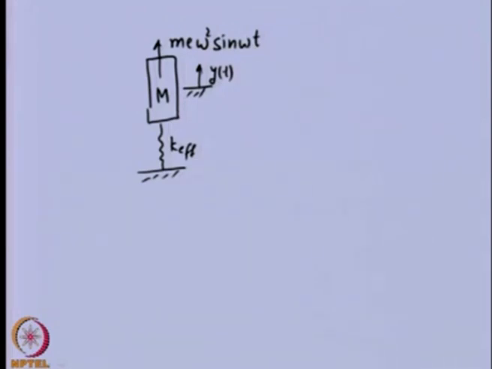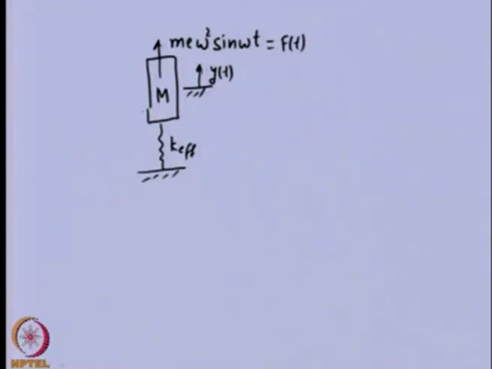Because this unbalance force changes harmonically, we write it as sin omega t. This is the external force which the mass experiences from the unbalance.